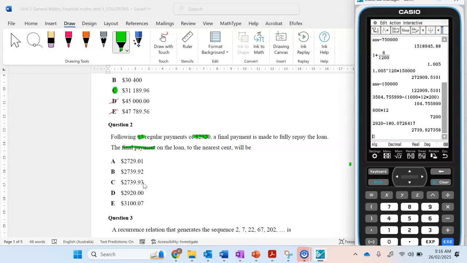Now with this question, let's say you didn't know how to answer it, you could probably tell just by looking at the answers that it's probably going to be B or C. We know it's not going to be the same payment, can't be more. So if you had the option between the three, it's just a matter of thinking, these two look the same, I'm going to choose B or C. So doing it properly, I don't think this is a hard question.